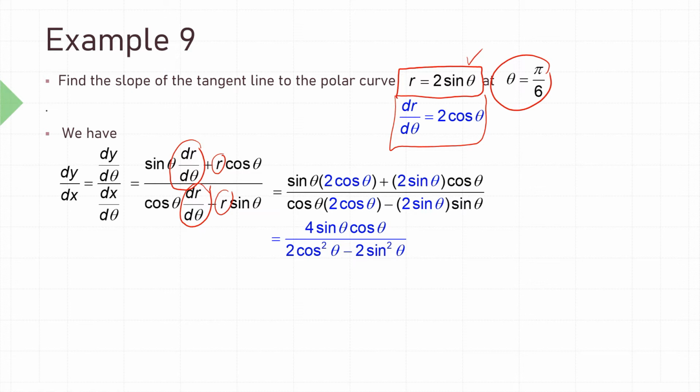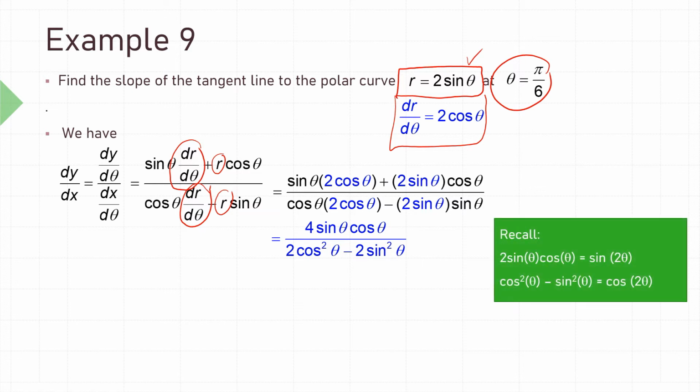But recall the trigonometric identity: 2 sine theta cos theta is equal to sine 2 theta, and cos squared theta minus sine squared theta is cos 2 theta. Cancelling 2 with 2, sine 2 theta divided by cos 2 theta gives tangent 2 theta.